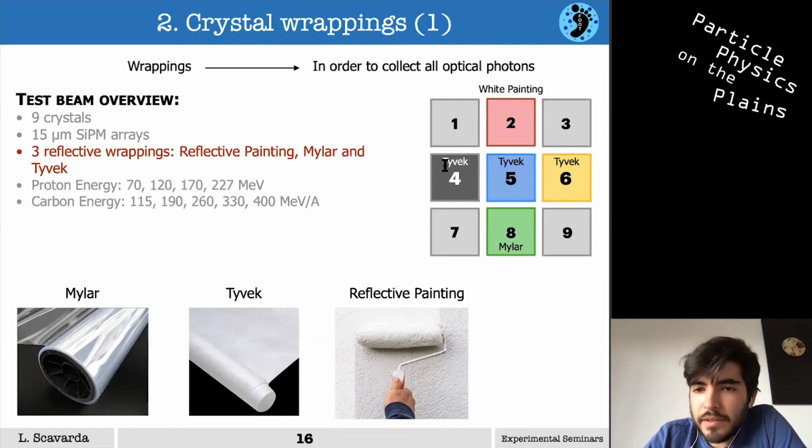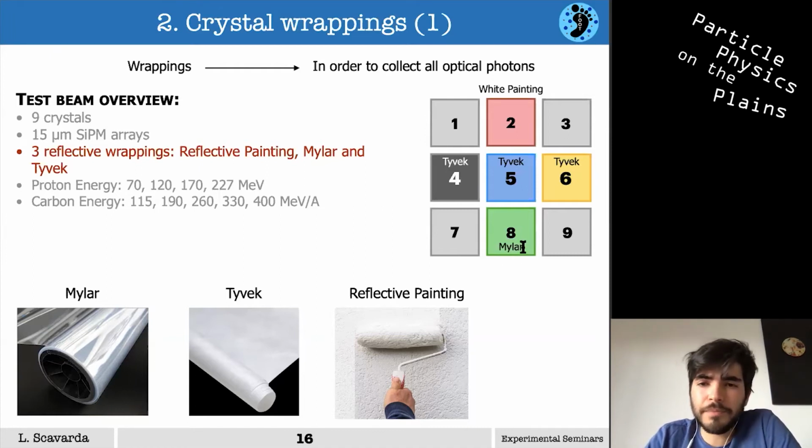And we equipped the different rows of this module with different kinds of wrappings. In the first one, we used a reflective painting. In the second one, we used Tyvek paper. And in the last one, a wrapping called Mylar, a kind of aluminum.